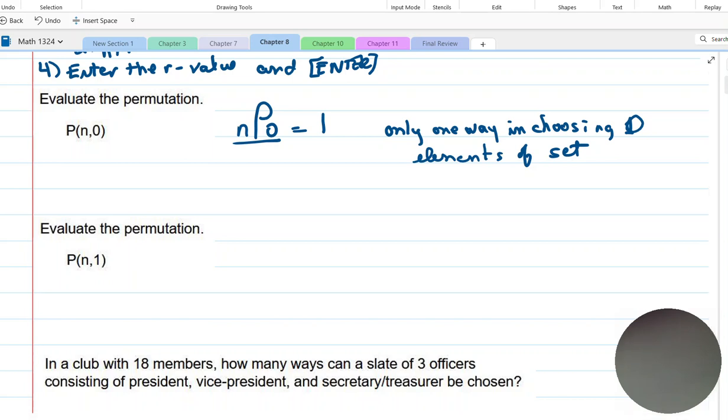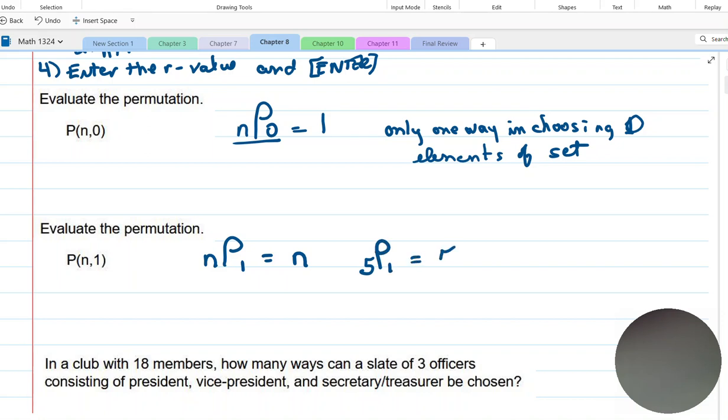And then we have this one, NP1. All right. So what happens there if we're only choosing one? So this one is going to be N, whatever it is. So I have 5P1.